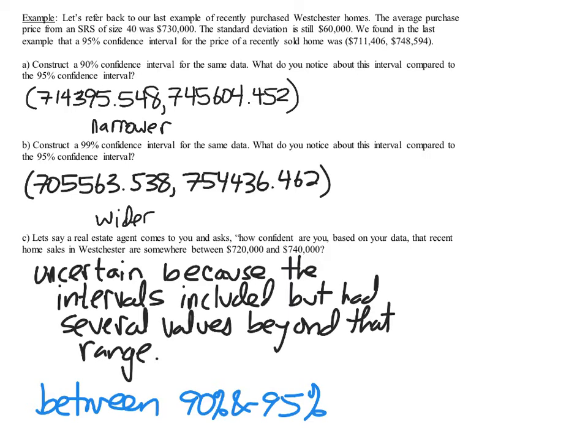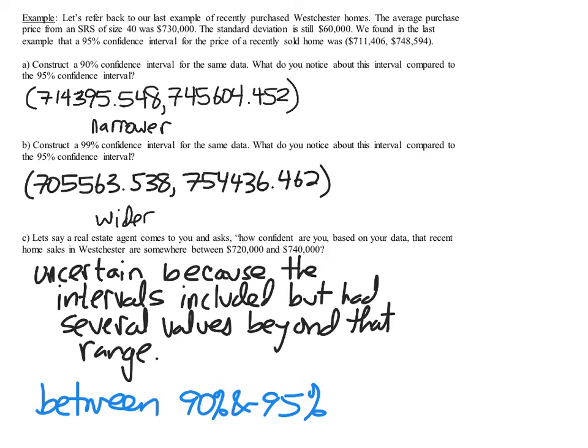But as we increase our confidence, we're widening the interval. So what we're looking for is that happy balance where we have the narrowest interval while also having the largest level of confidence. Now, in this case, we're not really looking for any percentage in particular as much as the one that's going to best fit this set of values that we have here.